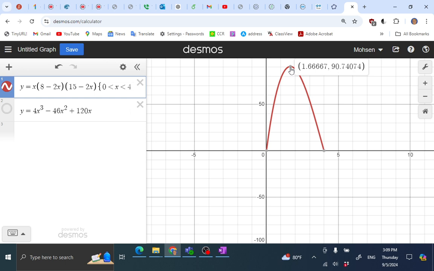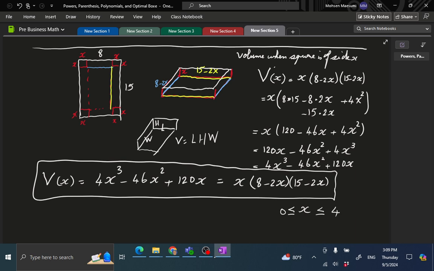In this problem, for this particular size of the sheet of cardboard that we have, the best x turned out to be 1.666, etc., which, if you look at it a little bit, you see is really 5/3.